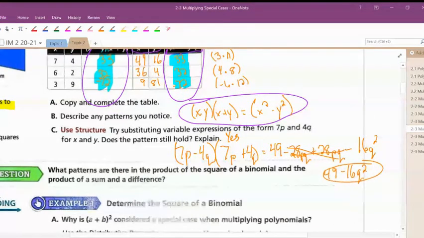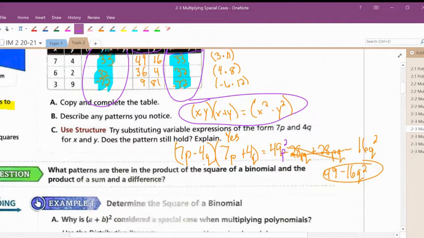Now letter C says, try substituting variable expressions of the form 7p and 4q in for x and y. So we'll look over here, we've got 7p minus 4q and 7p plus 4q, just like we were doing up above. Well, 7p times 7p is 49p squared.